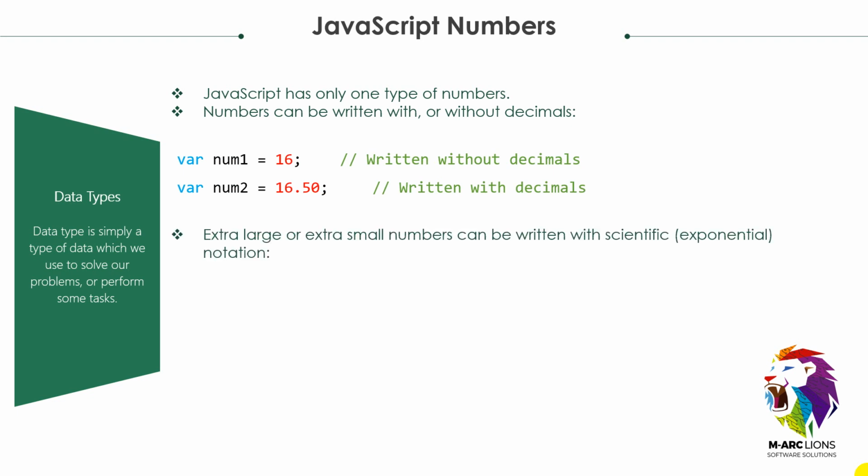Extra large or extra small numbers can be written with scientific exponential notation. For example, if I write var number1 equals 123e5, what does e mean? E means exponential, so I can use that kind of trick as well to write the number. The basic point is that in JavaScript we don't need to specify what kind of number it is.